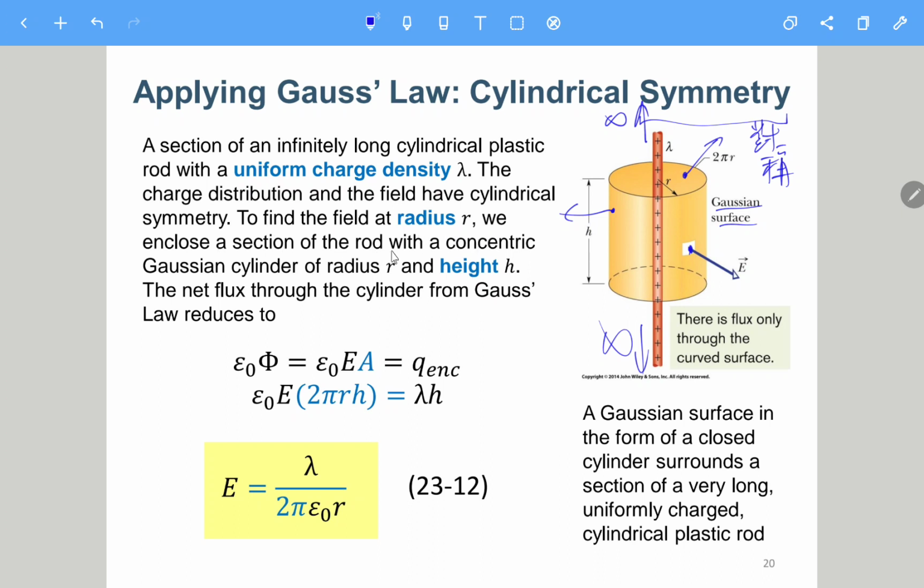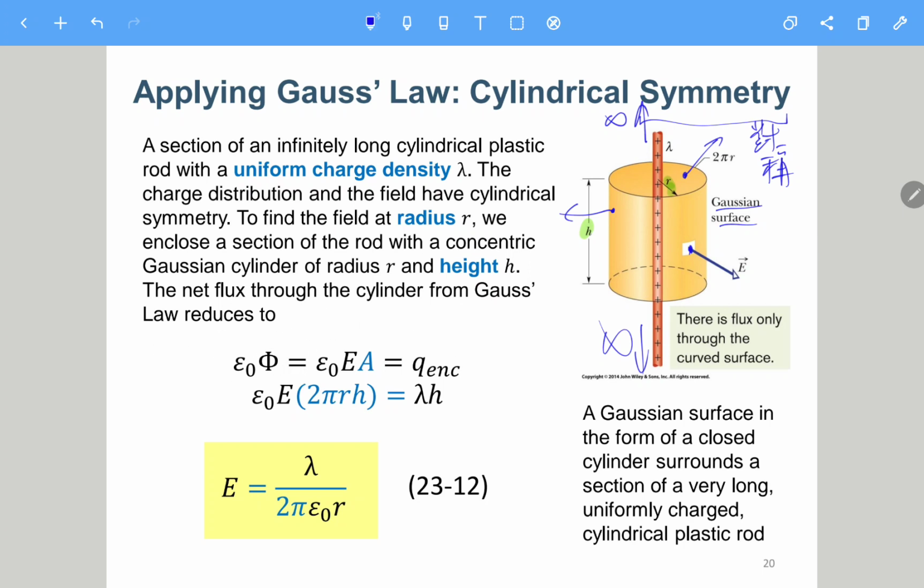So we enclose a section of the rod, the radius is small r, and the height is h. The h is not really important, since finally it will cancel out, so we just assume a variable h here. The net flux through the cylinder from the Gauss law reduces to something like this.